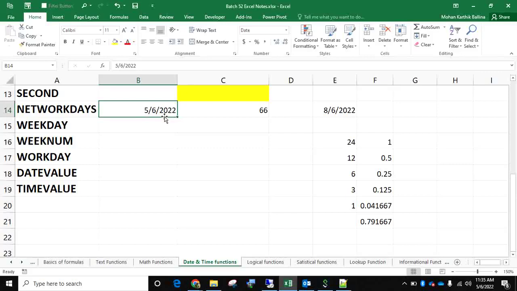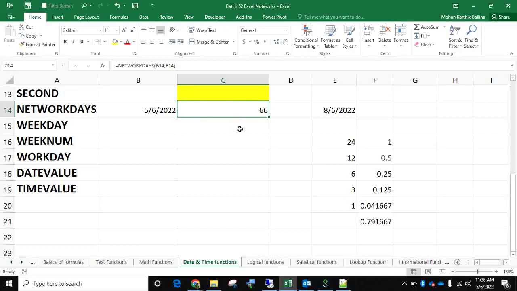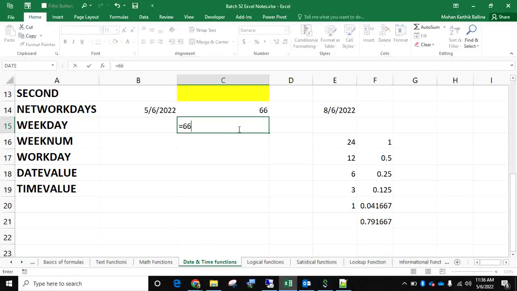How many days does it normally come to? June 6th 30 days, right? 30 days plus July 6th 60 days, August 6th 90 days, but we got only 66 days because every month we have 4 weeks, right? 4 weeks means each week has 2 weekend days, 4 into 2, 8 days per month of weekends, 22 working days. Here we got 3 months difference, 3 into 8 is 24, so 90 minus 24 is 66.